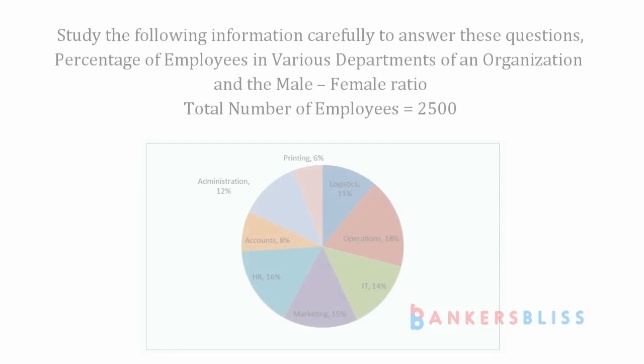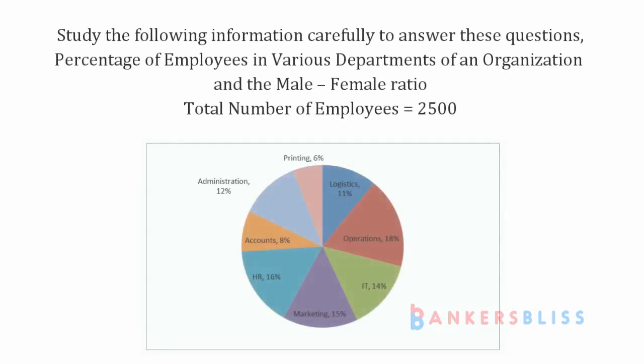Problem number 1. They have given two charts. The first one is the pie chart and the next one is the data table. Study the following information carefully to answer these questions. Here, the percentage of employees in various departments of an organization and the male to female ratio they have given. Total number of employees are 2500.